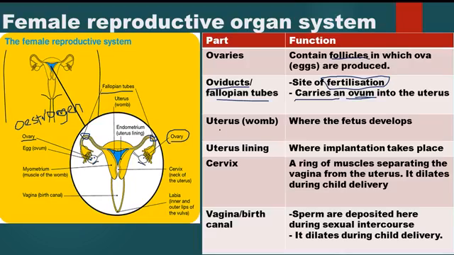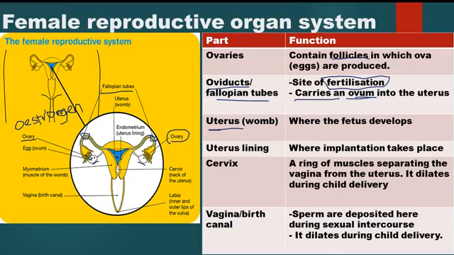Then we have what we call the uterus, which is commonly called the womb. Those who are walking on the street will call it the womb, but we biologists call it the uterus. Look at it, the blue part. It is just a pouch or a bag where the fetus develops.